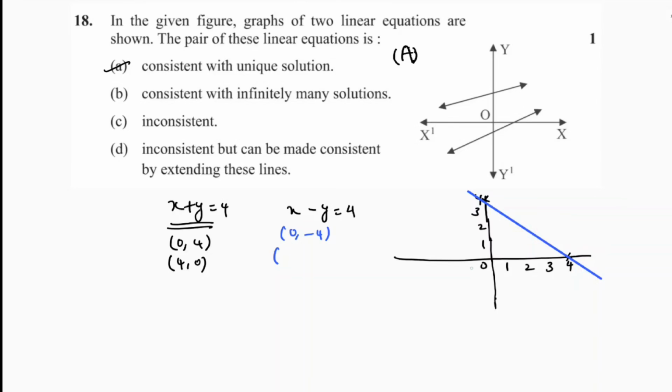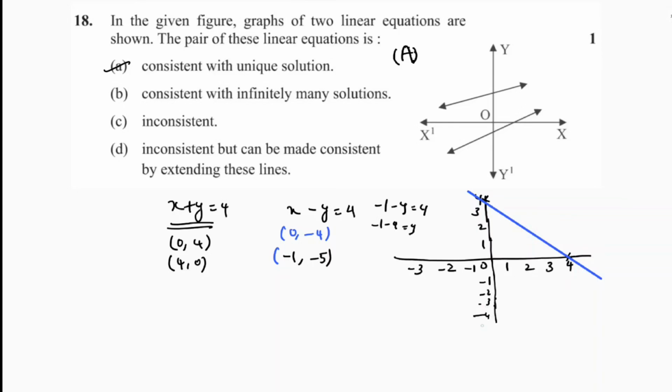If x is minus 1, for example, then minus 1 minus y is 4, so y will be minus 1 minus 4, which is minus 5.